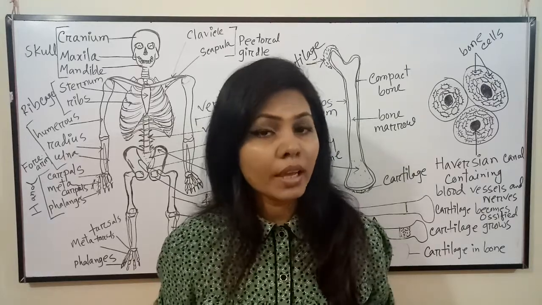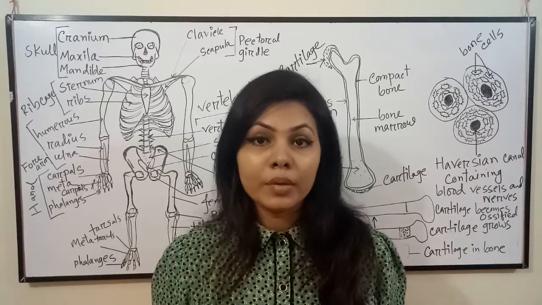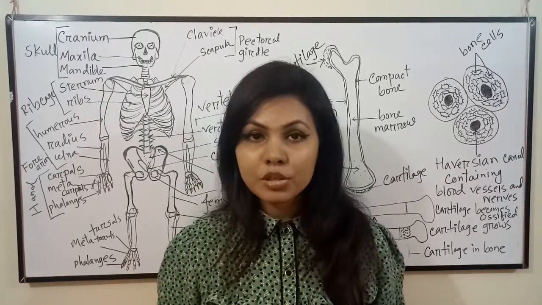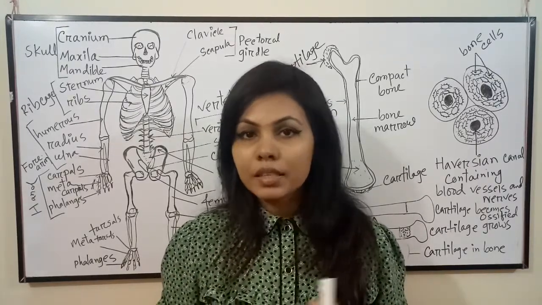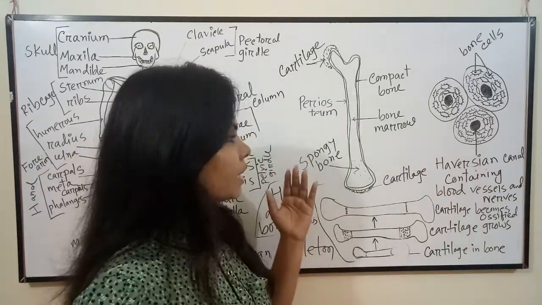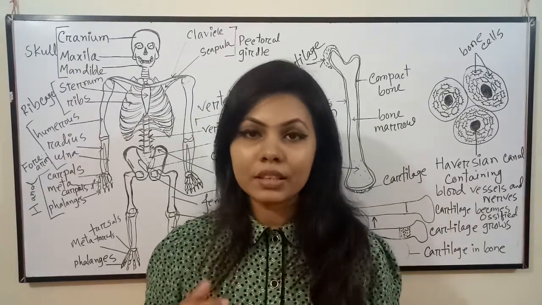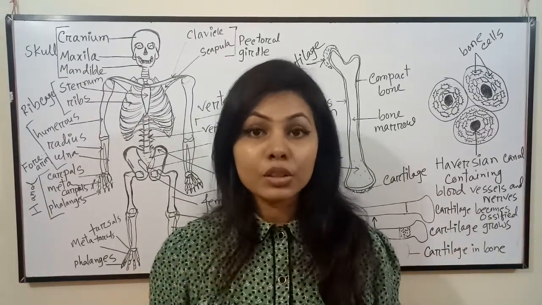Bone is a hard substance because it contains calcium salts, especially calcium phosphates. Outside, the bone looks like it is dead, but it is a living organ made of cells, and these cells are called osteocytes.